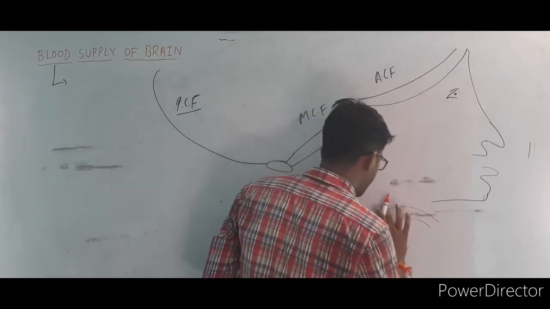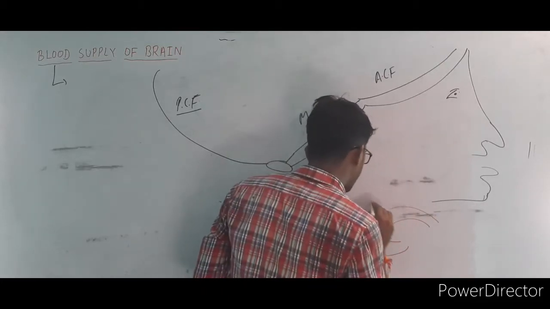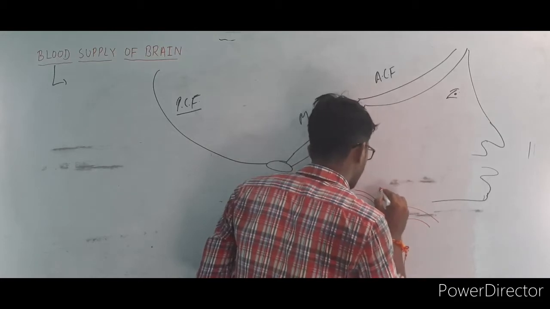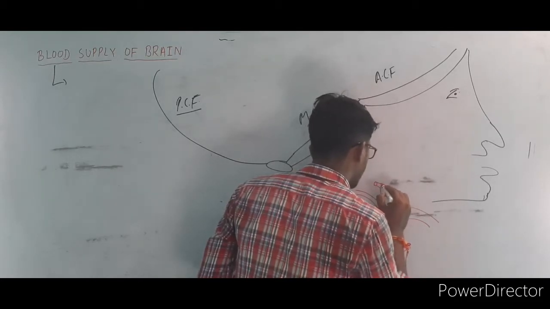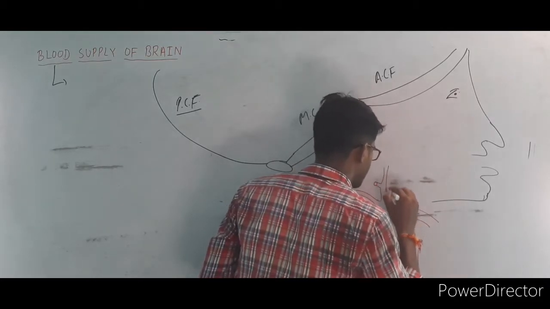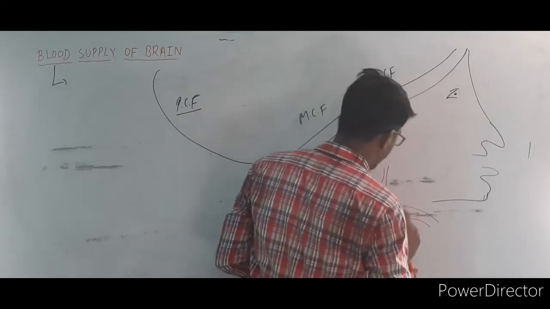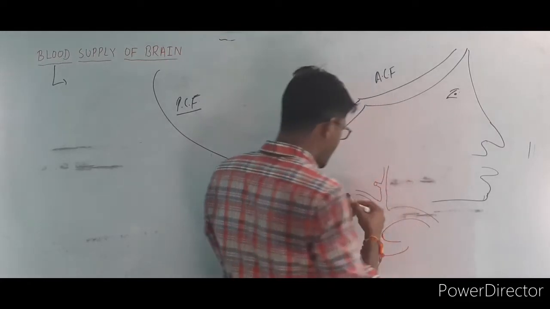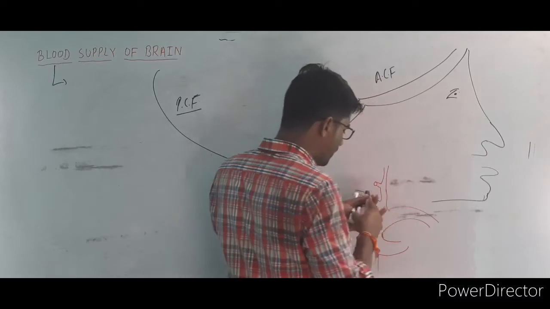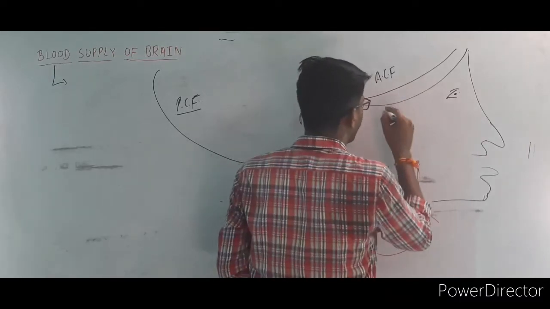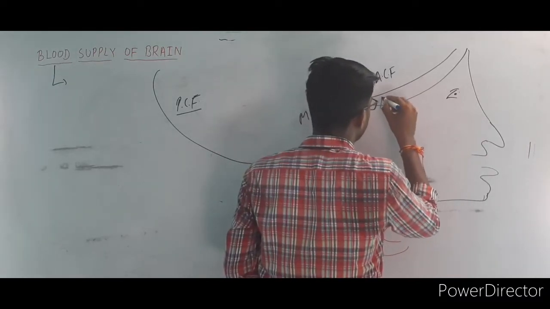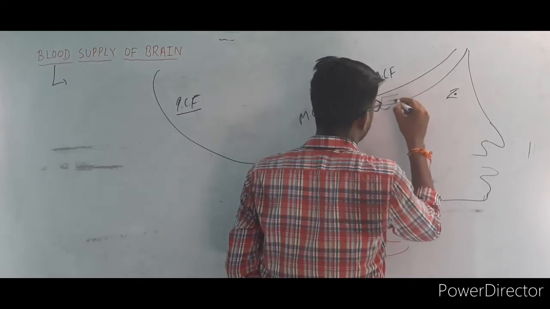From here, these things, the internal carotid artery. So here is the carotid canal. This thing is the carotid canal.